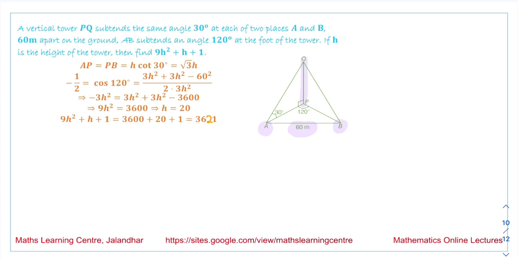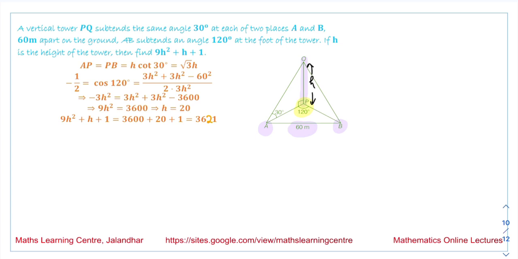AB subtends an angle of 120 degrees at the foot of the tower. If H is the height of the tower, we have to find 9H square plus H plus 1.